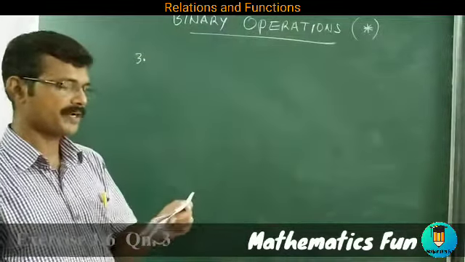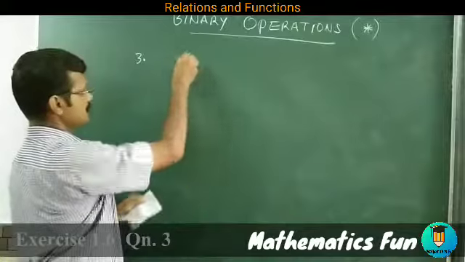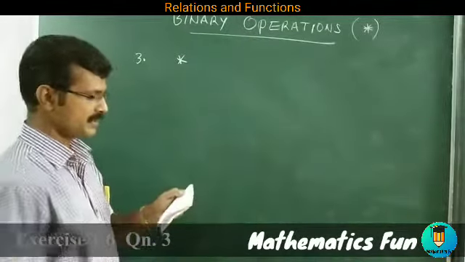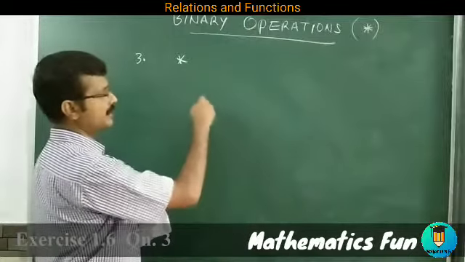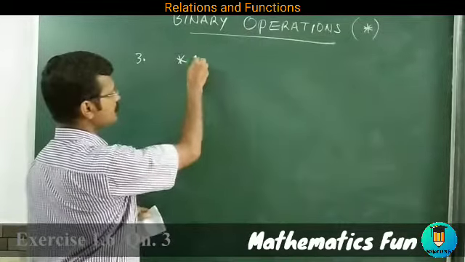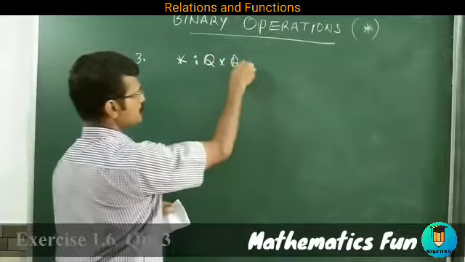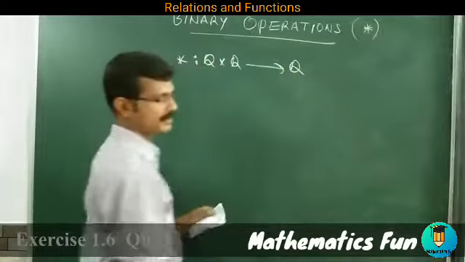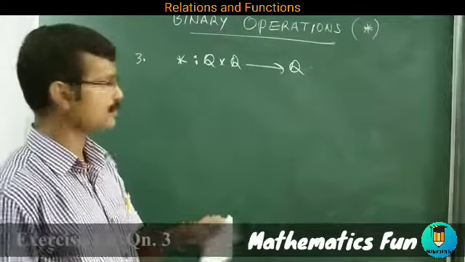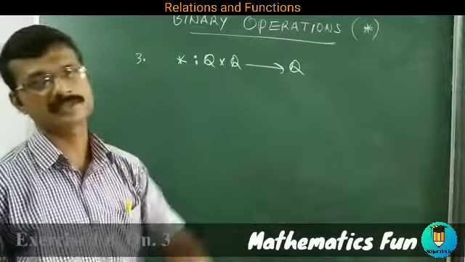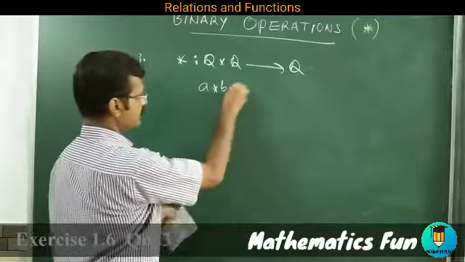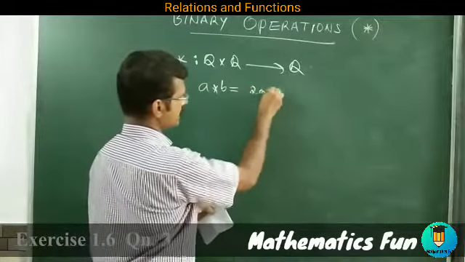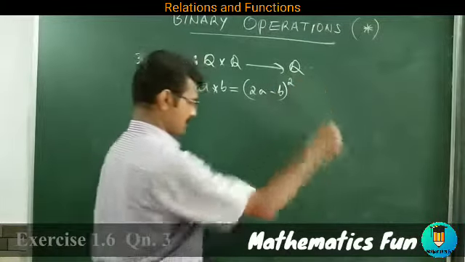Here the binary operation star is on Q, it is given. Q means the rational numbers. Star is a binary operation on the set Q, which means Q cross Q to Q. It is defined like this: A star B is equal to (2A minus B) whole square.